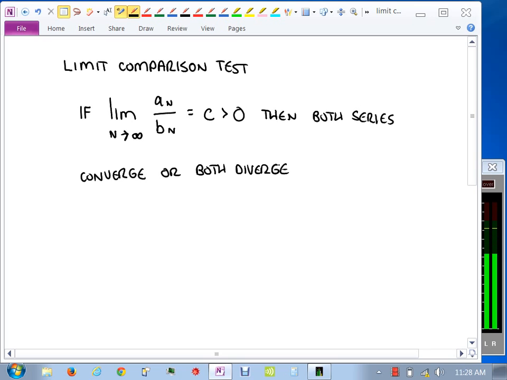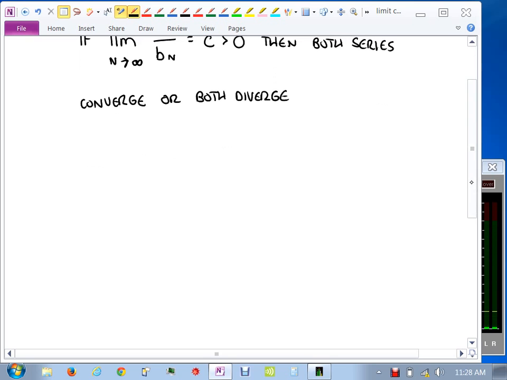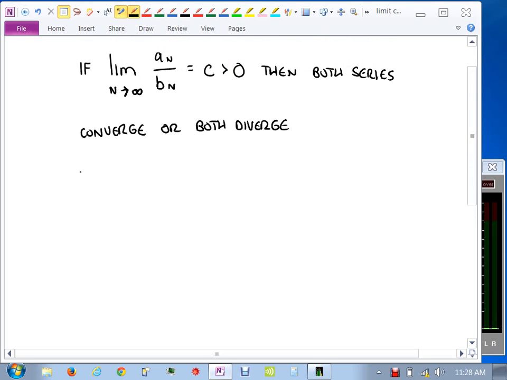So let's do an example so you can see how this is going to work. Let's take a look at, as an example, the sum n equals 1 to infinity of 1 over 2 to the n minus 1.